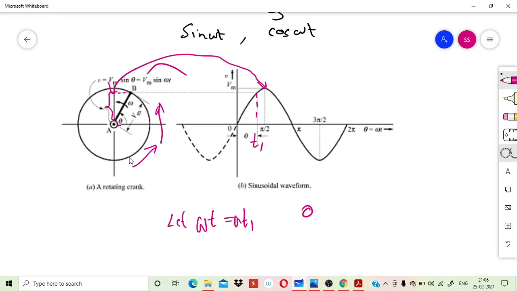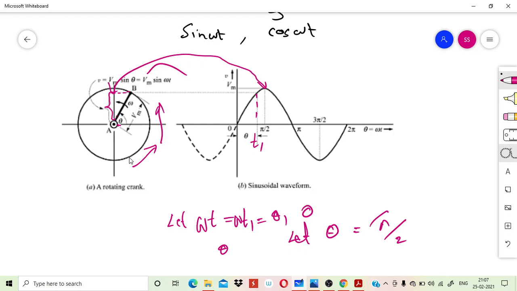So omega t and omega t1 will be equal to theta 1 and theta. Okay. So let theta equal to pi by 2. Then theta equal to pi by 2 means the sinusoidal function is having the peak value, that is Vm, right?